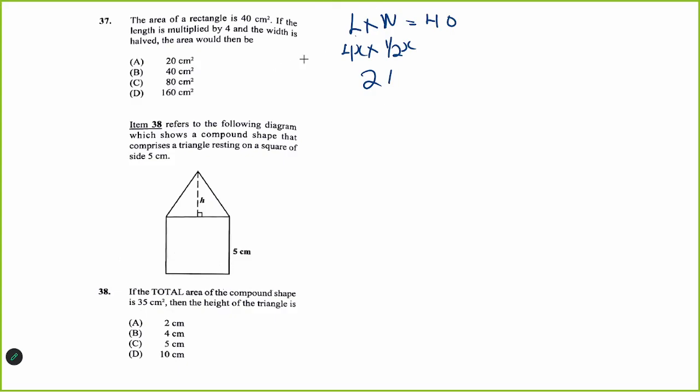The new area would be 2 times 40, which is 80. Half of 4 is 2, so it's just 2 times the size of 40.